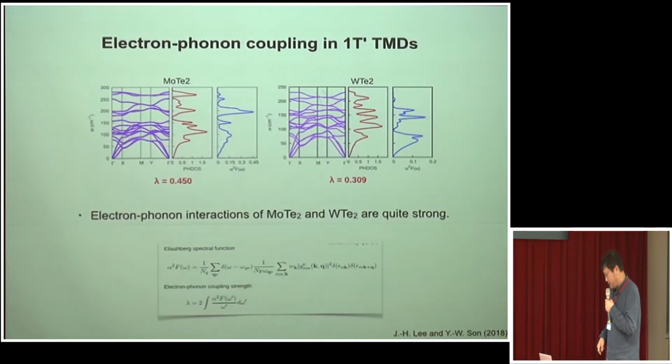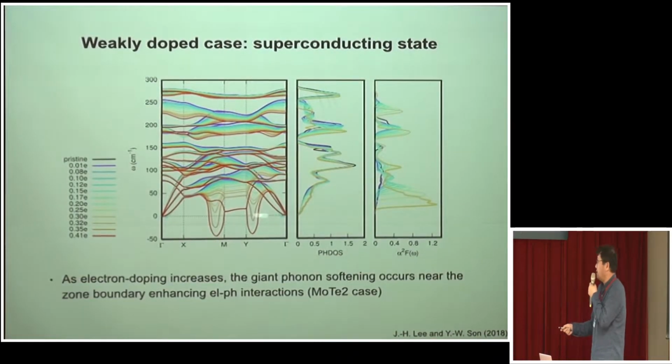So first we calculated the electron-phonon coupling. This is molybdenum telluride and tungsten ditelluride, using the available Eliashberg formalism. The electron-phonon interaction is rather strong. Then we calculated upon doping. As a function of doping, you can see the variation of the phonon dispersion and phonon density of states, and this is the alpha squared F function. There is a giant phonon softening of the acoustic phonon mode near the zone boundary.